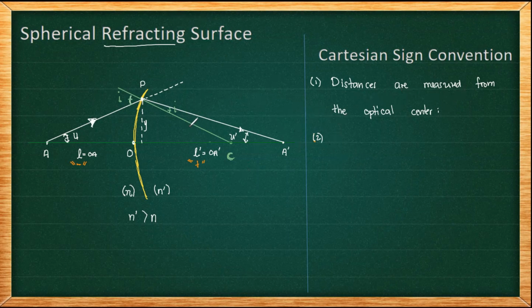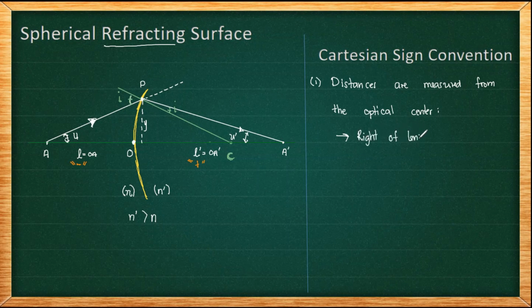Okay, so that means above the optical axis, that's a positive value, and below the optical axis, that's a negative value. So this is just a result. Let me write everything here.